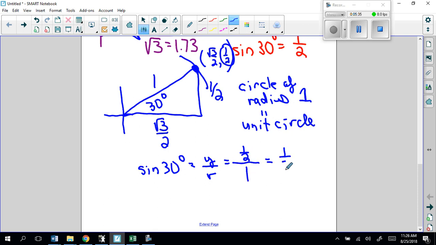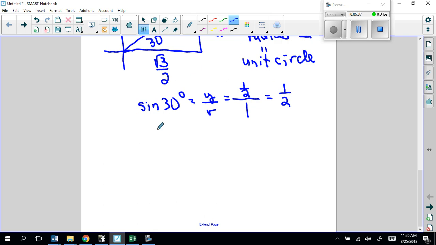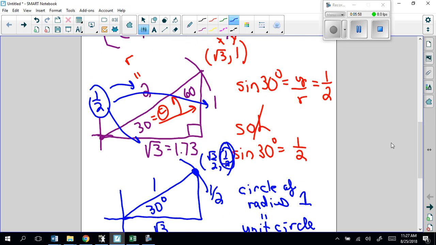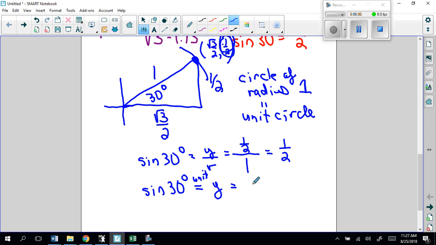So it's 1/2. But really, when I ask you sine 30, and you're on the unit circle, the formula is just y. That's all it is. The formula is just y as long as you're on the unit circle. So instead of going y over r, like we just did, you just look at the y. Well, that y value is 1/2, therefore I'm done. Sine of 30, y value, 1/2.